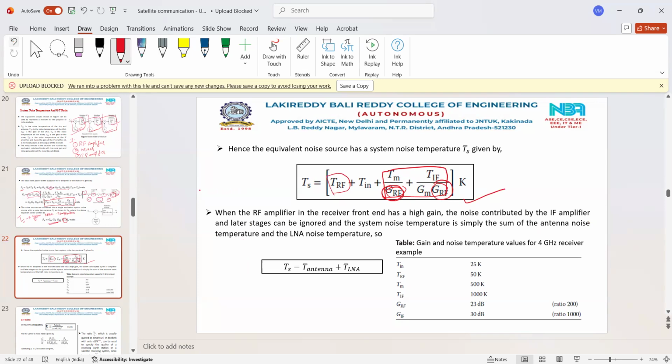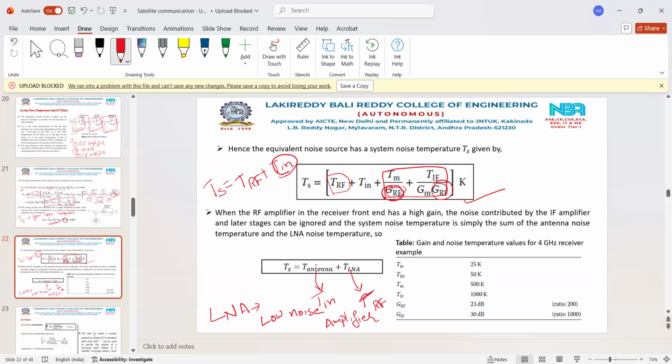So TS will be equal to TRF plus Tin. Here Tin is nothing but T antenna, the incoming signal noise temperature coming from the antenna, and TRF is nothing but TLNA, where LNA represents the low noise amplifier.